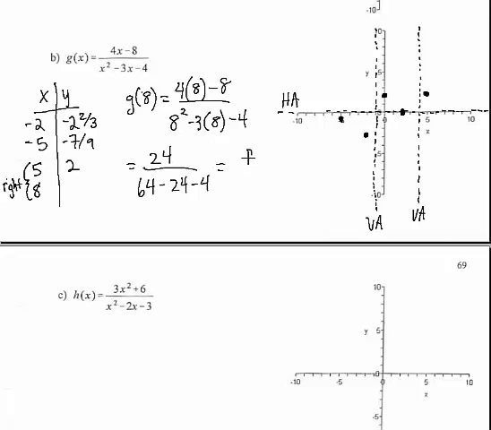So that becomes 40 minus 4 on the bottom. 24 over 36.